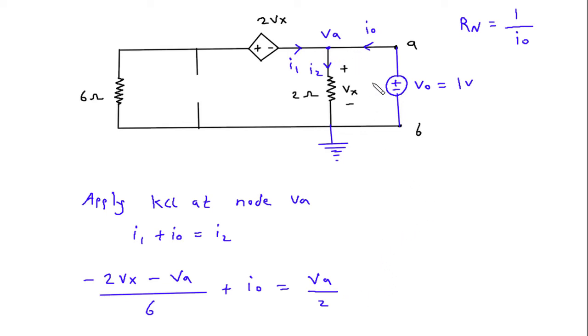Now as we can see that Vx is connected to ground, this VA is also connected to ground, and across VA and Vx this VO is connected. So VA is equal to Vx is equal to VO is equal to 1 volt.